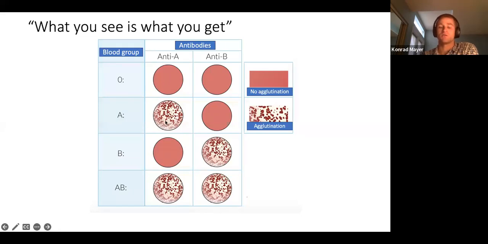So if you were to transfuse blood that is group A to somebody who has blood group B, which means that they have anti-A antibodies, it would agglutinate. And that's not good.